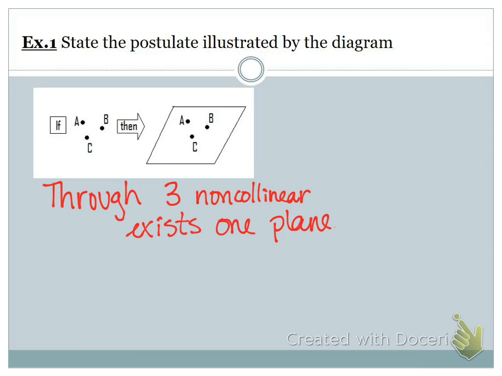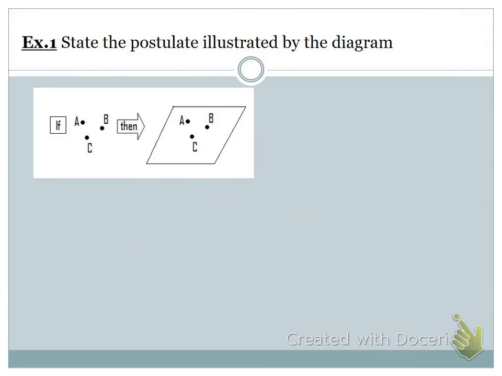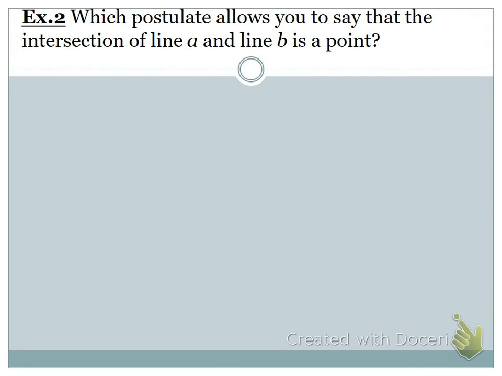We ready for 2? Okay. Which postulate allows you to say that the intersection of line A and line B is a point? I'll tell you, what do you think?